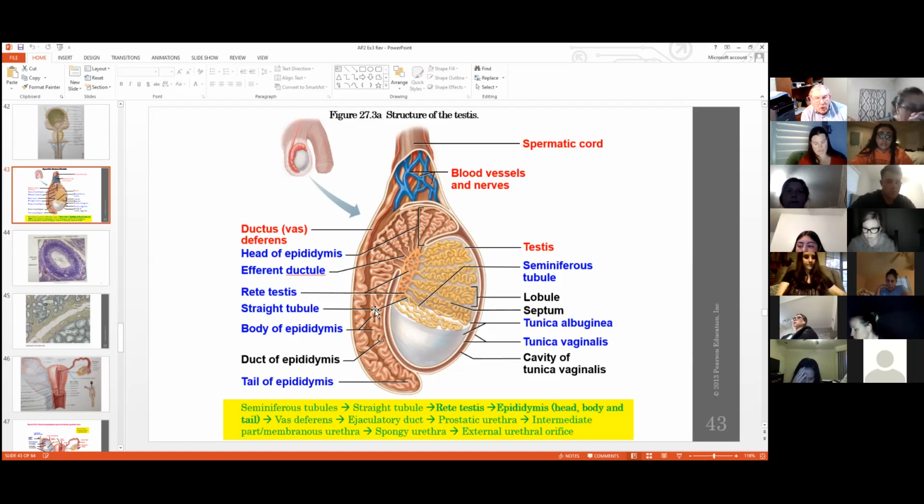If there's no SRY gene, everything is pretty much default and it goes the other way. And that's why I say that's the normal thing. See, women are normal. Men have to be changed. Men have to be produced. Anybody can make a female.